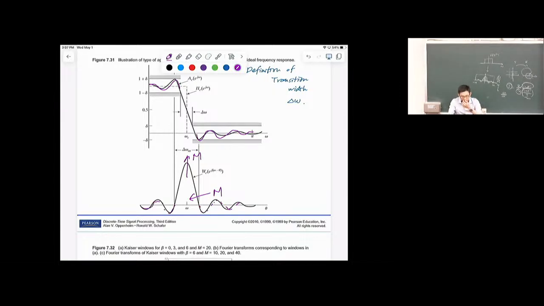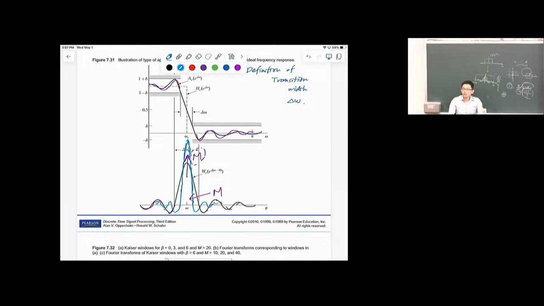But the most important message here is that you can always improve the performance by being willing to use a larger M. After using a larger M, maybe we have a narrower main lobe, which looks like that. The side lobes also follow on both sides. Narrower main lobe, but a higher height of the main lobe also. So what resulting frequency response do we get?